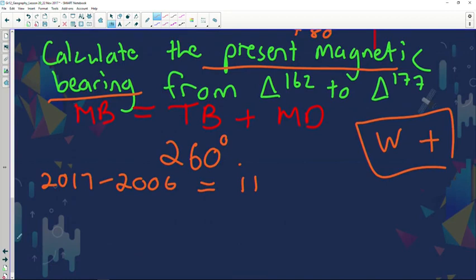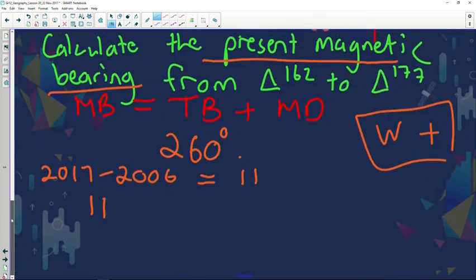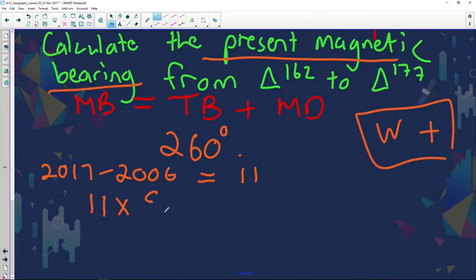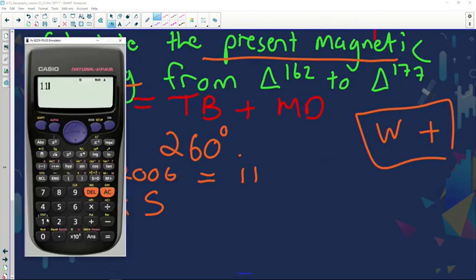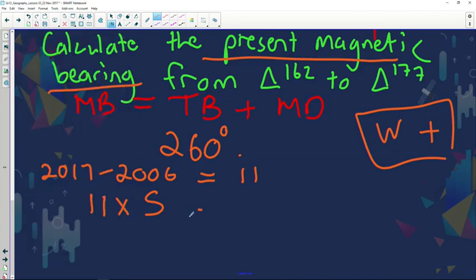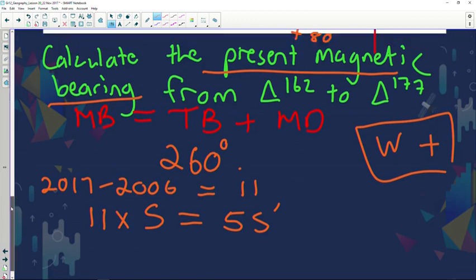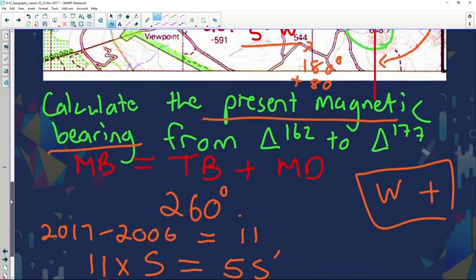So 11 times 5, just rather safe than sorry, 11 times 5 gives me 55 minutes. Because it's moving in the westerly direction, we're going to add these 55 minutes to the magnetic declination.